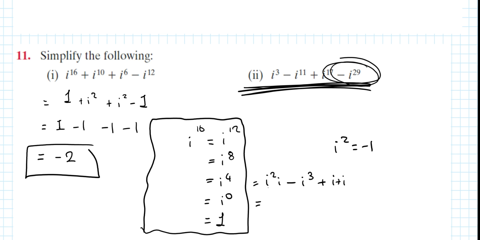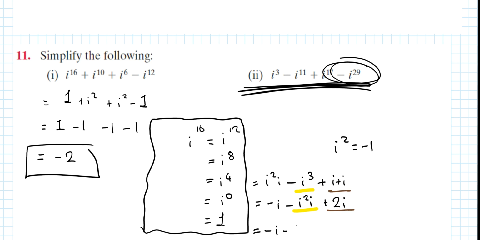Okay, well, what about this? This i squared. i squared is minus 1, so I get minus 1i. Minus 1i looks funny, just write it as minus i. But here, this is i squared i plus 2i. The 2i is coming from i plus i. And the i cubed gets changed to i squared and i. i squared is the same as minus 1.